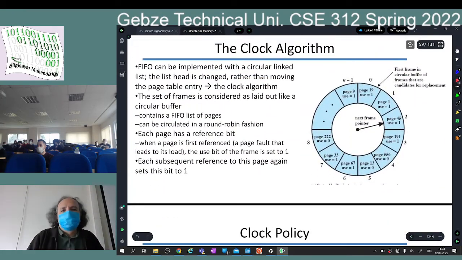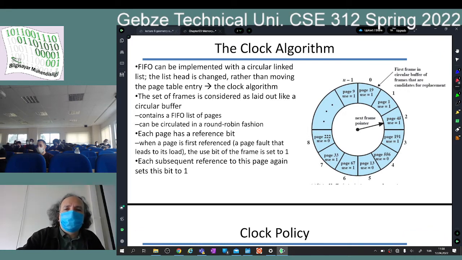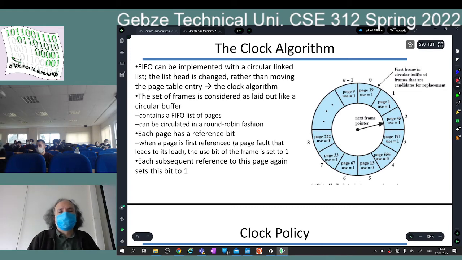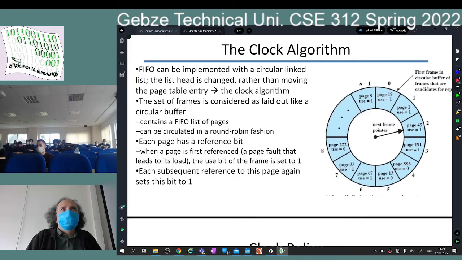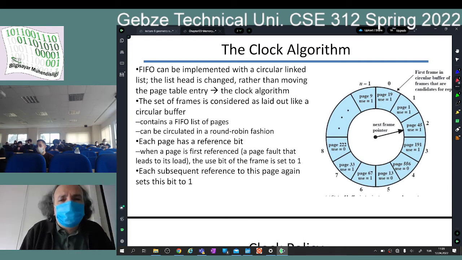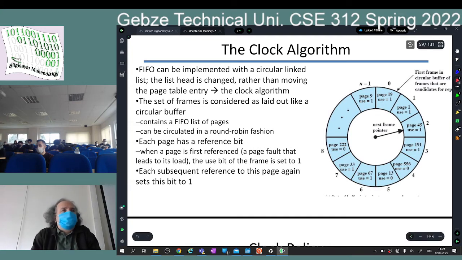So I have my page numbers, and whether they are being modified or referenced, etc. Basically we are running the same algorithm. If I need a new page and need to replace something, I look at this next frame pointer.